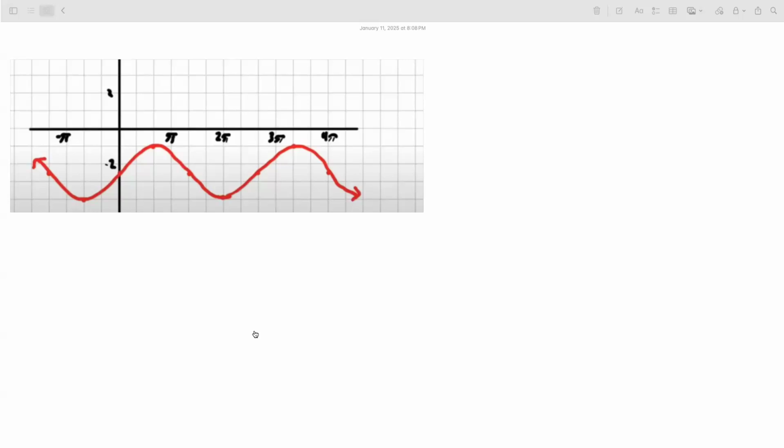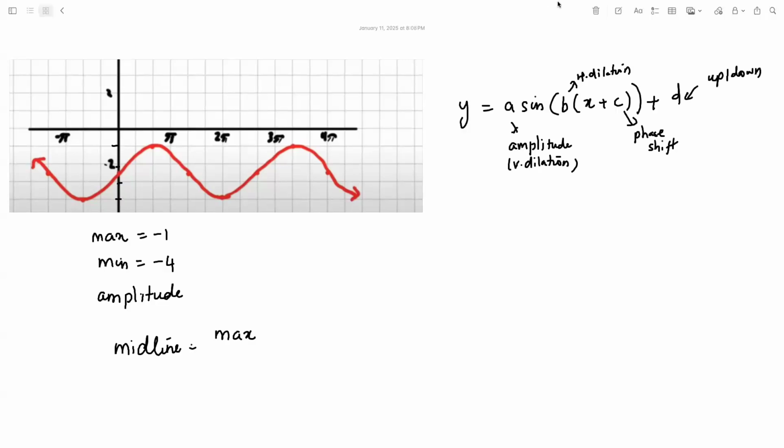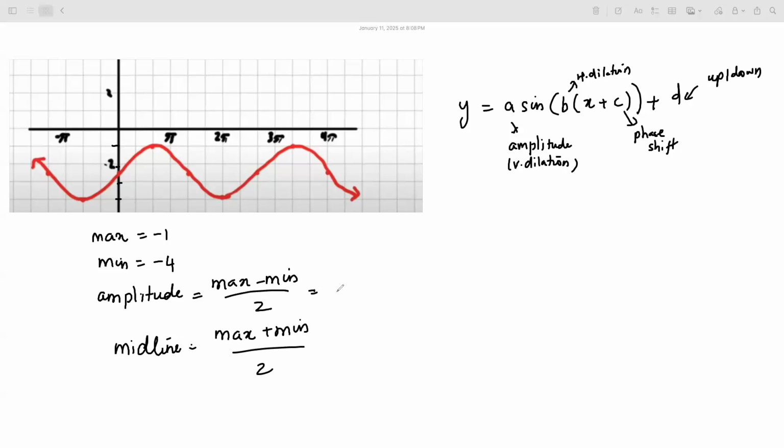Good job, that is for midline. Amplitude is max minus min by 2. So you clearly see the amplitude is -1 minus -4 by 2, max minus min, correct.